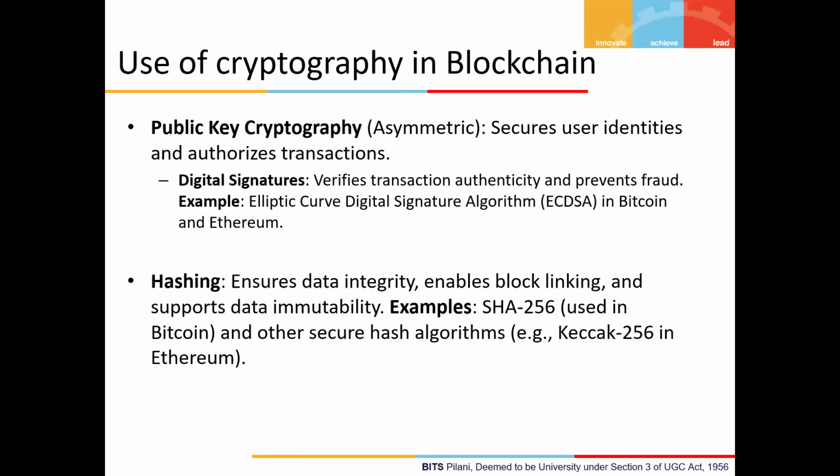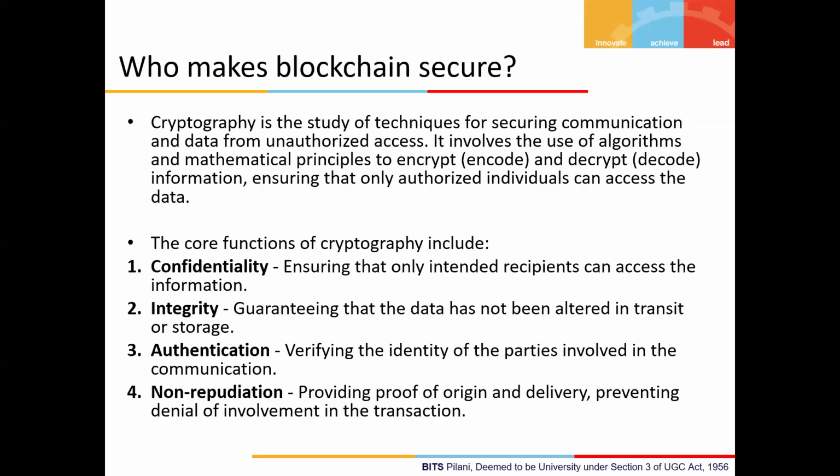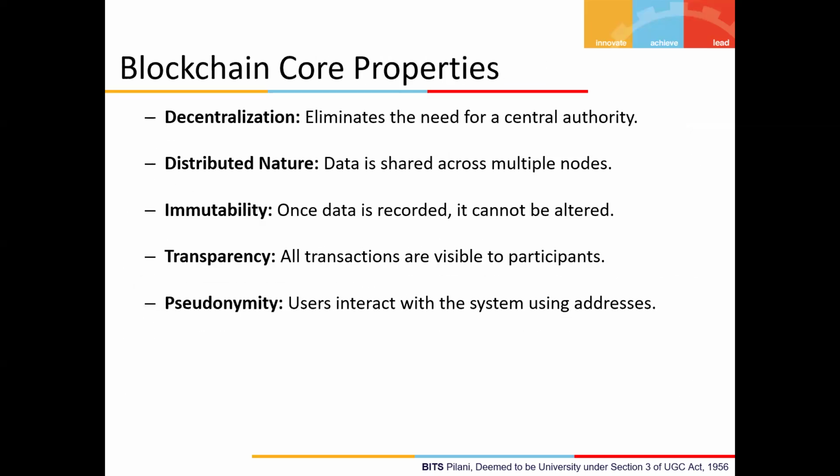Okay, so this is the introduction of blockchain technology, where we discussed what blockchain is and what the key components of blockchain are, and we have seen the core properties of blockchain, right? I would like to go back and focus on these properties.